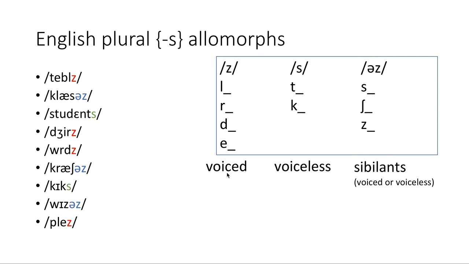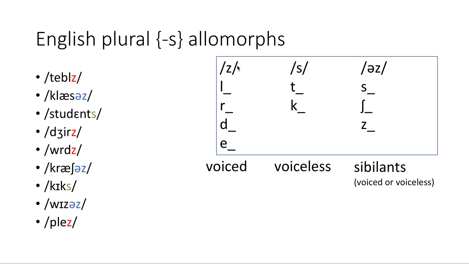So this is the rule. Anytime you have this plural S morpheme, you're going to get a voiced z after a voiced consonant that's not a sibilant. You're going to get a voiceless s after a voiceless consonant that's not a sibilant. And you're going to get an extra syllable there with a whole extra vowel after a sibilant.